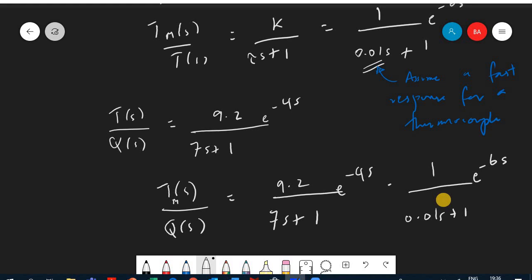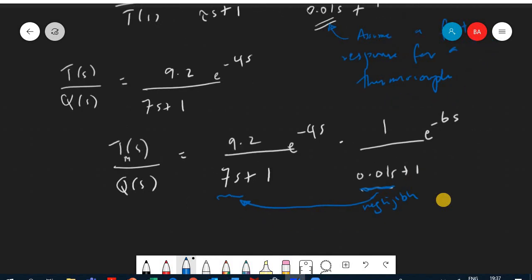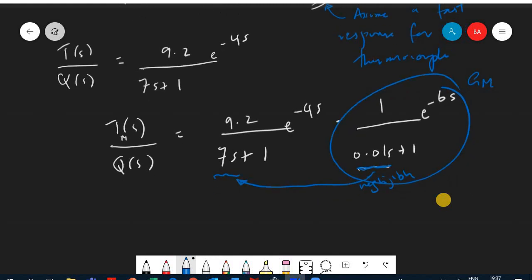This pole is very far away from the imaginary axis if I compare it to this one, so it looks like it is negligible compared to the 7s plus 1. And this part is usually referred to as GM, and you're going to take that in control, and this is GP.